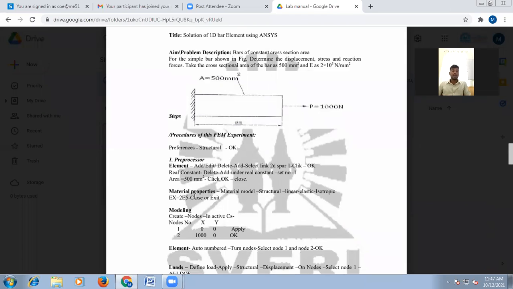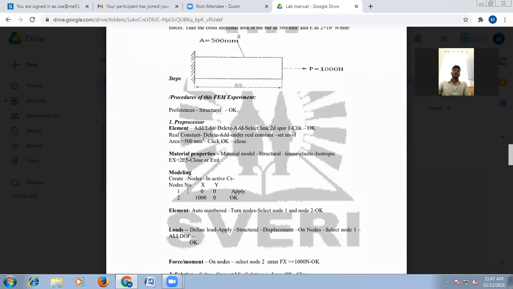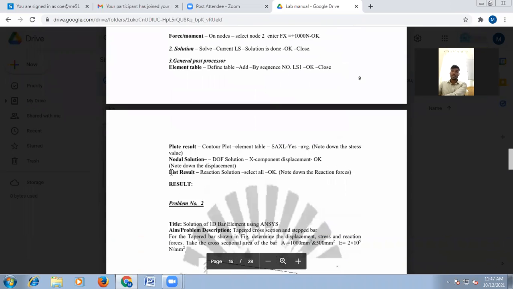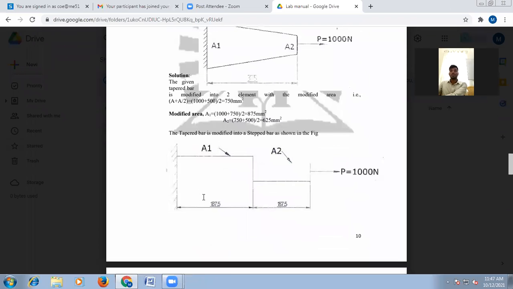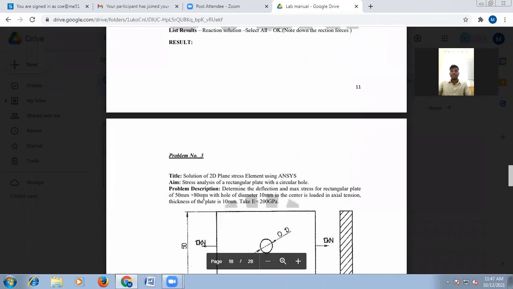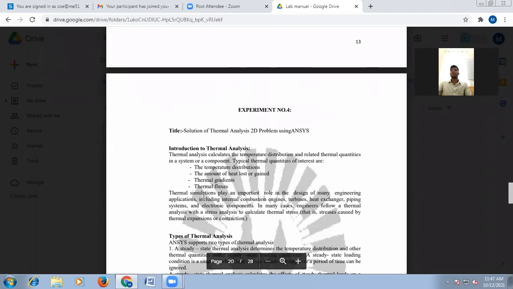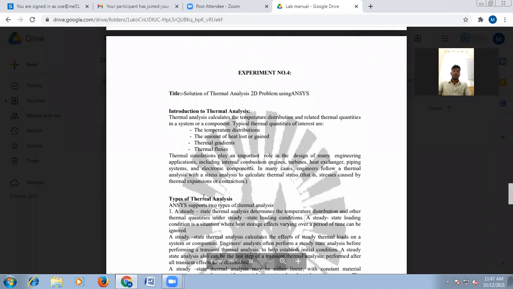First of all, you have to understand each and every step of the procedure, and by seeing this procedure, you have to give input to the ANSYS software. One by one you have to follow the pre-procedure, procedure, and post-procedure. You will get a final answer at the time of the result. Like this way we will see 2 to 3 problems for structural analysis, and the fourth experiment is for thermal analysis.